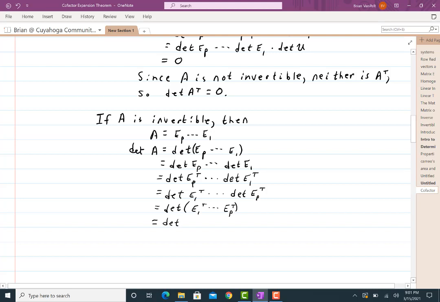So this is the determinant of EP down to E1 transpose. But now EP down to E1 is no different from A. So this is the determinant of A transpose. And so what we've shown is that the determinant of A transpose is the same as the determinant of A.